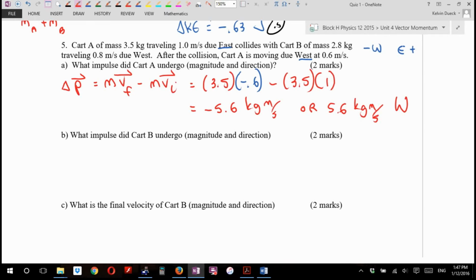Is that okay? 1 mark, half mark, half. So you could either say that, or you could say 5.6 west. What I wouldn't say is negative 5.6 west, because negative west is east, in my mind.